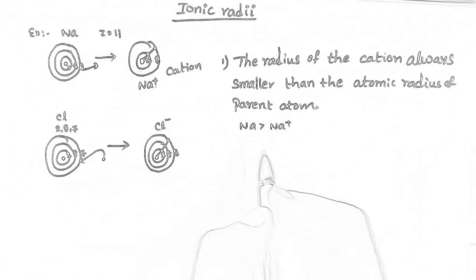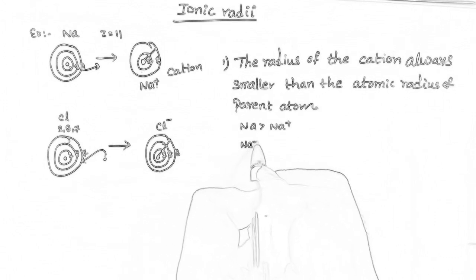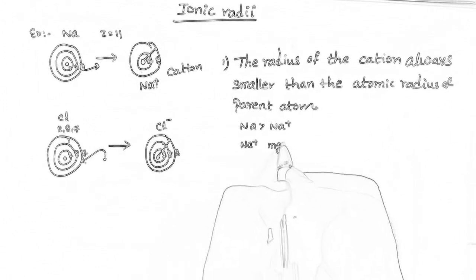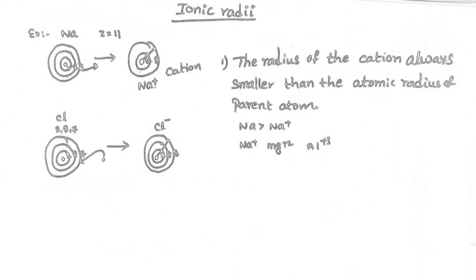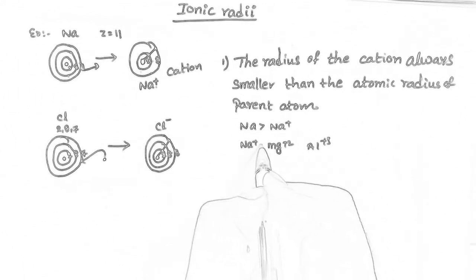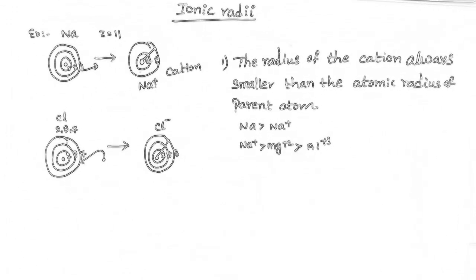Not only that, if you take Na plus, Mg plus 2, Al plus 3, which one has more size? Here Na plus has more size than Mg plus 2, and Mg plus 2 has more size than Al plus 3. Why?